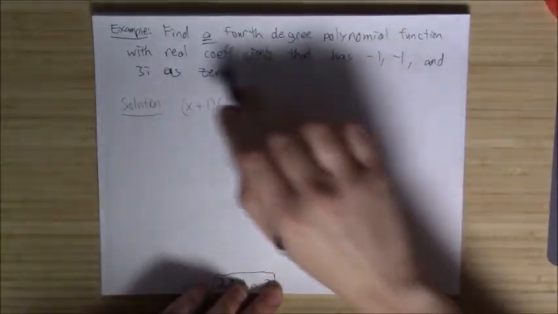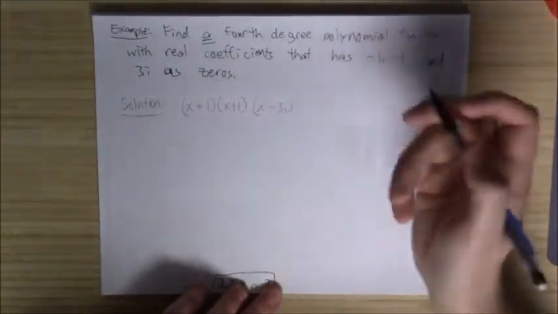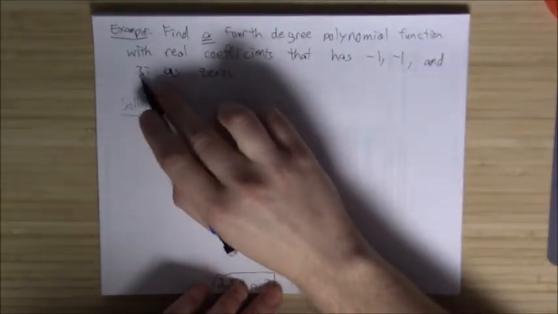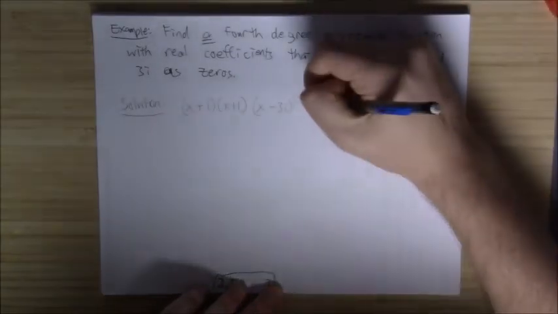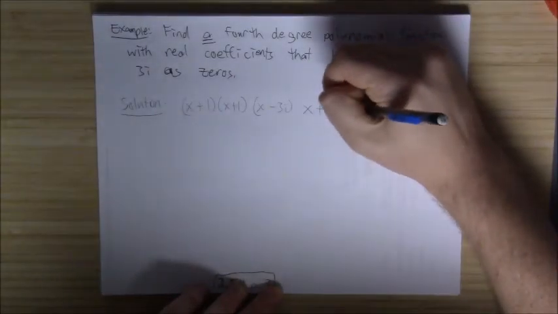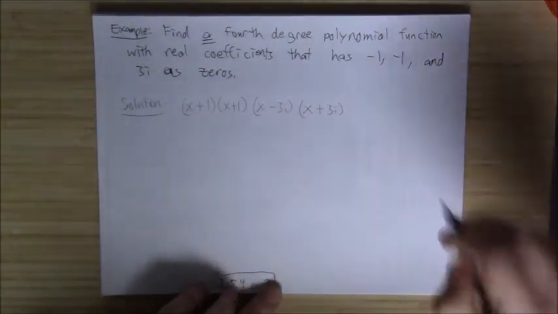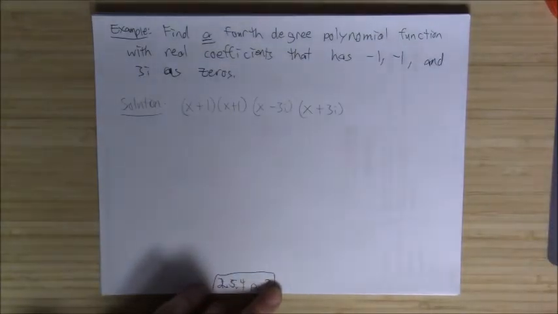But in order to have real coefficients, we would need positive 3i to be a 0, negative 3i to be a 0 as well. In other words, x plus 3i would need to be a factor, because otherwise we won't get real coefficients.